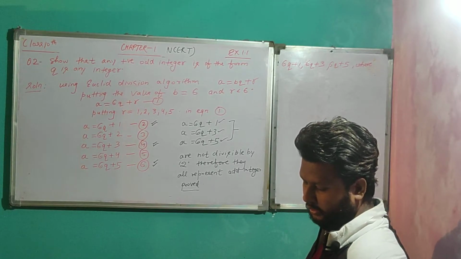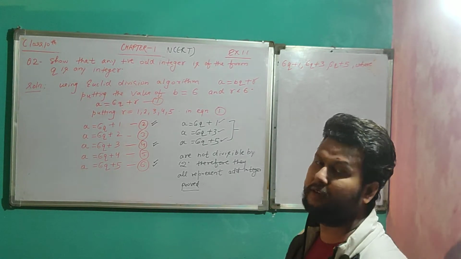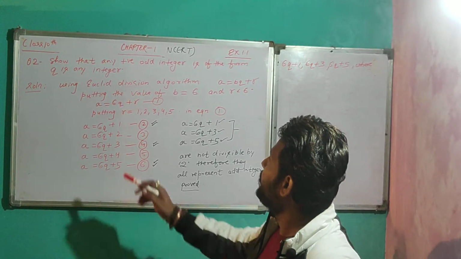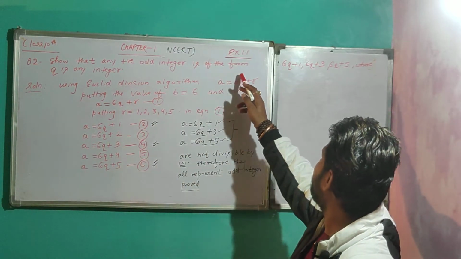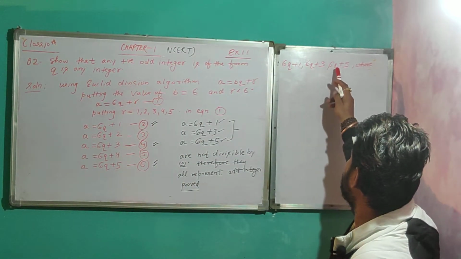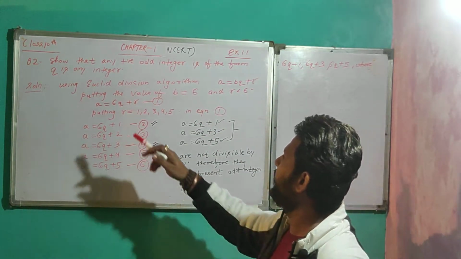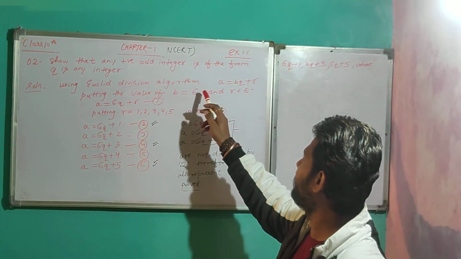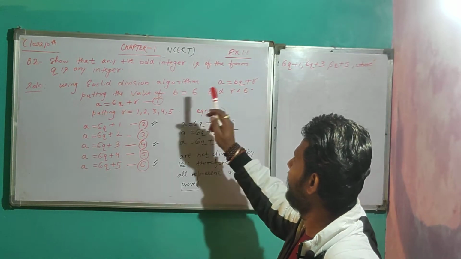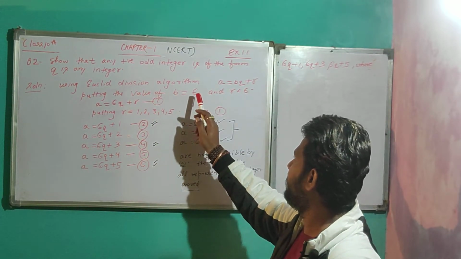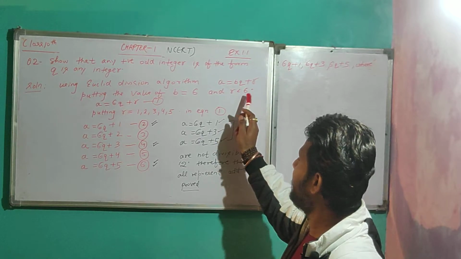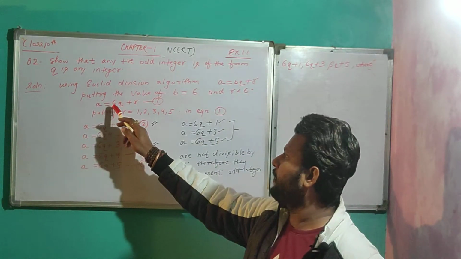From here you can see, I am explaining once again. So that any positive odd integer is of the form 6q plus 1, 6q plus 3, 6q plus 5, where q is an integer. Using the Euclid division algorithm, a is equal to bq plus r. Putting the value of b is equal to 6 and r less than 6, so a is equal to 6q plus r.